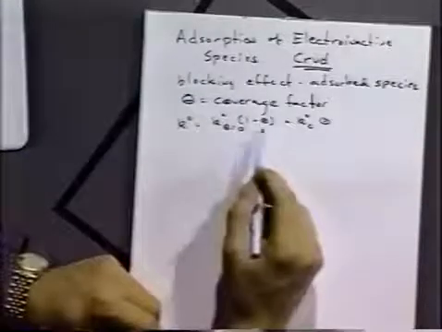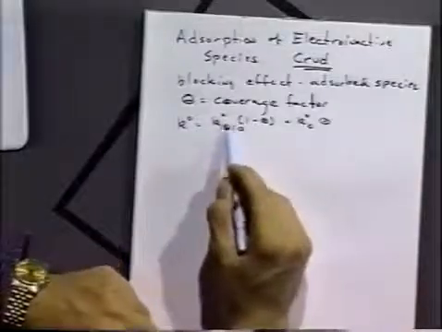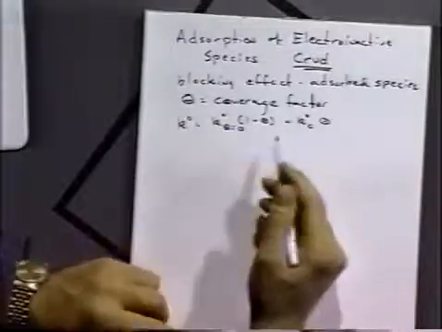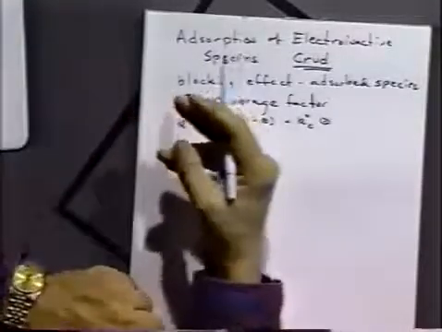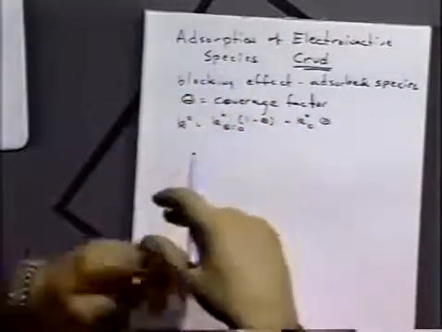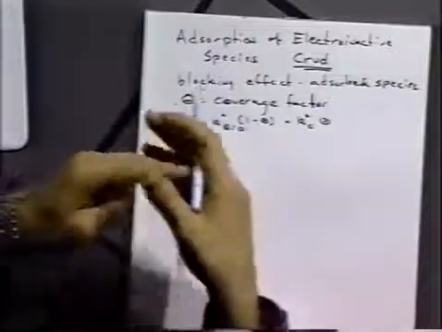In other words, the fraction that's not covered would have the normal K0. The fraction that's covered would have the K0 that would occur at the covered material. So even though something's adsorbed, you can still get electron transfer through that adsorbed layer. Typically, that K0 is going to be smaller for an active species. But not always. Sometimes that adsorbed material may have, in fact, a more rapid electron transfer rate.